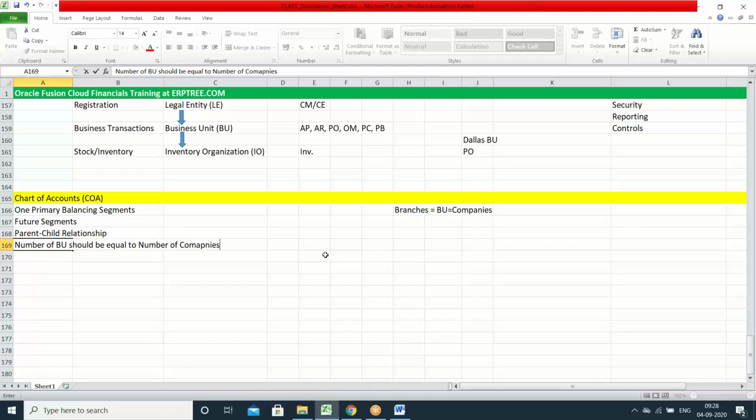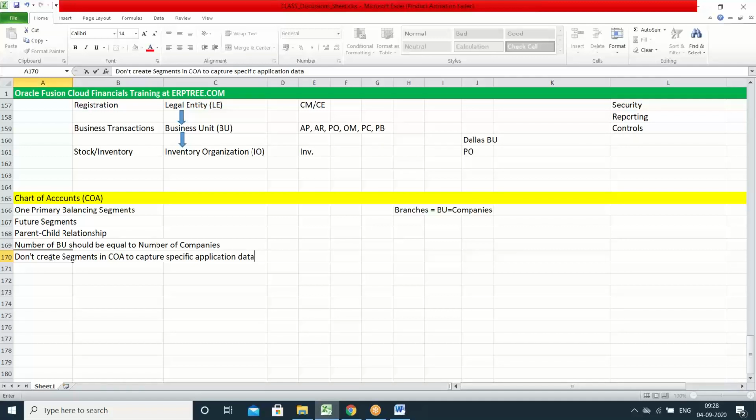Another point we already discussed: suppliers, customers and similar things, don't take in the chart of accounts. Don't create segments in the chart of accounts to capture specific application data.